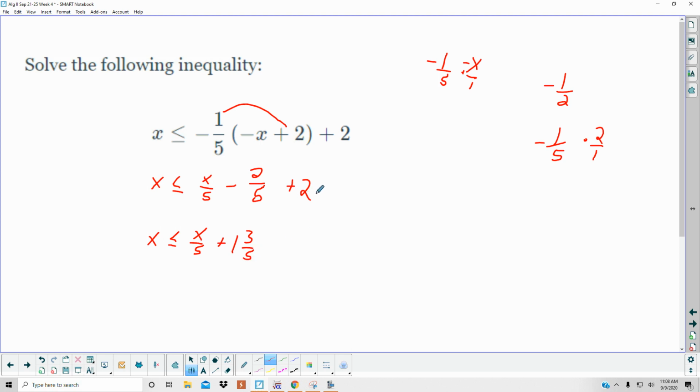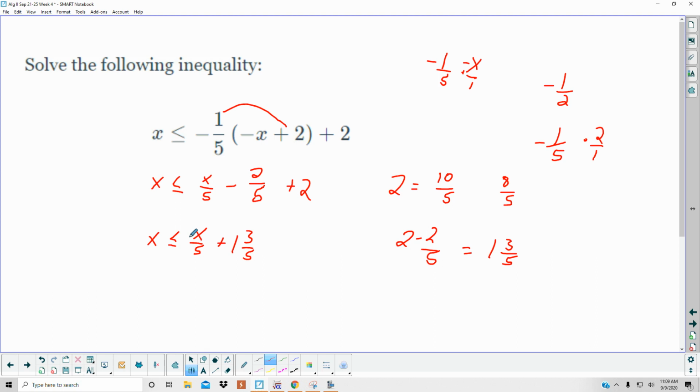If you want to think of this 2 in terms of fifths, that would be 10/5. You're going to subtract 2/5 from it, so that's going to give you 8/5 or 1 3/5. I'm trying to make this more complicated than it needs to be. I just wasn't sure if y'all could do that in your head. 2 minus 2/5 is 1 3/5. Okay, so that's how I got that.